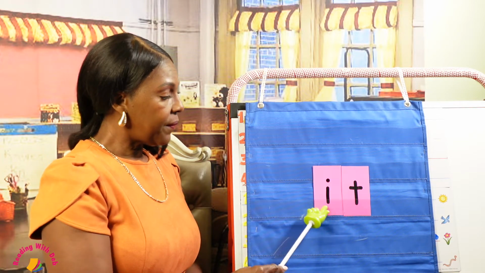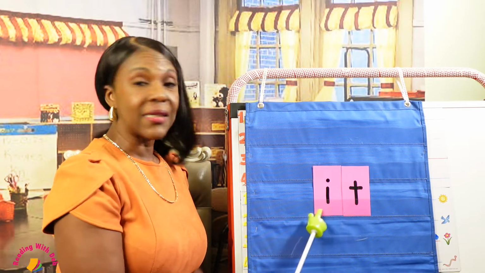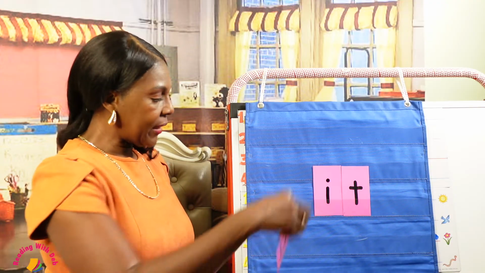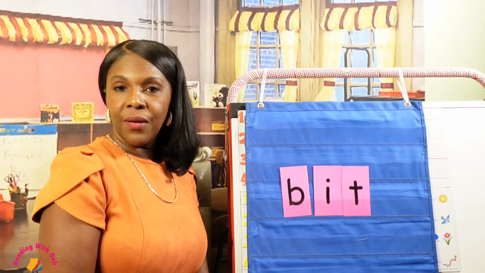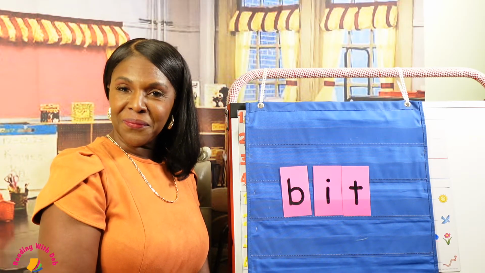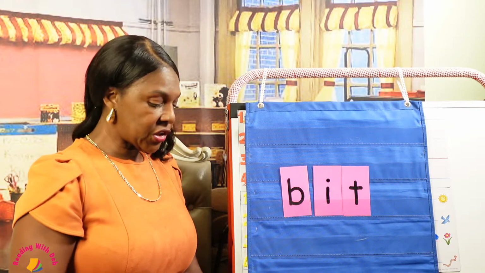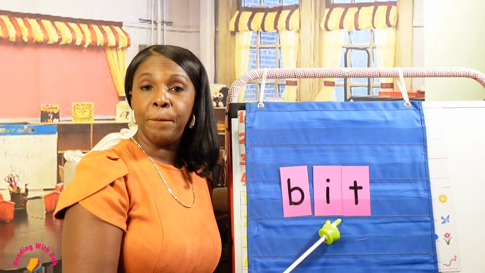Now, let's say I remove this consonant. Well, now the word is it. So if this doesn't change, and I change the consonant now to B, we are making rhyming words. Rhyming words are words that sound the same at the end. So the first word was fit, now this word is bit.